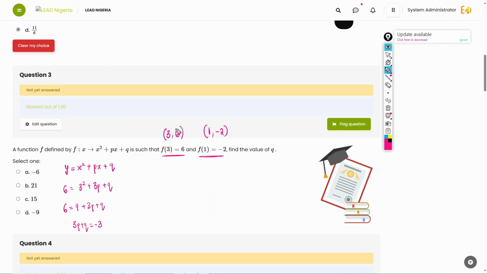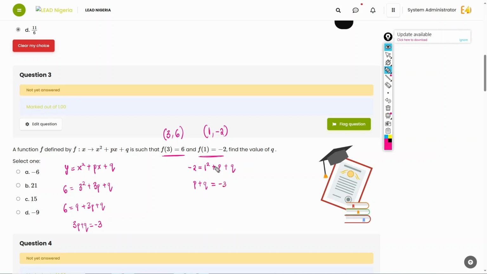So I got that from plugging in the first scenario. Plug in the second scenario, I would have minus 2 is equal to 1 squared plus p plus q. All right, so I would have, well, p plus q is also equal to negative 3.